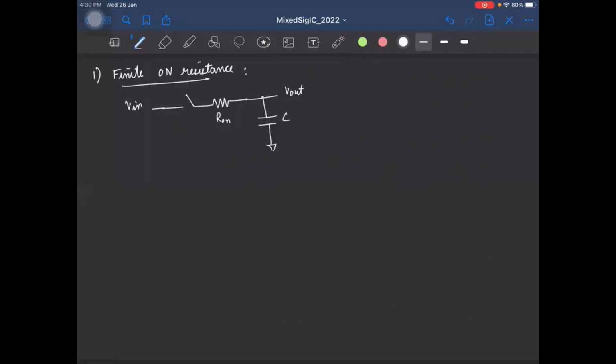And please note that in practice, let's say this track and hold is used here in the first stage where it processes the input directly. And you will see in the later classes that the output of this track and hold might be resampled by some other track and hold for doing some more processing later. Now here this input signal can be varying, right? But we saw that the output of the track and hold is some kind of a held signal, right?